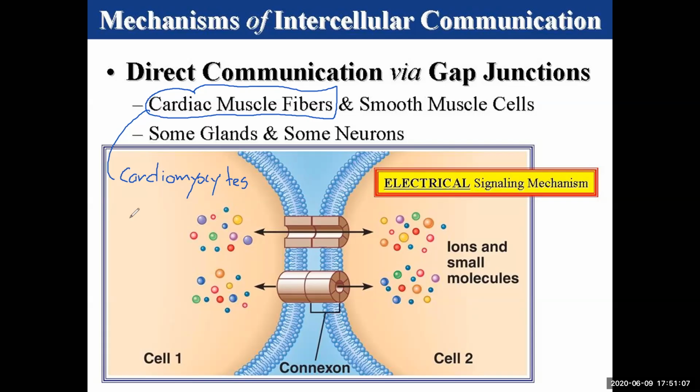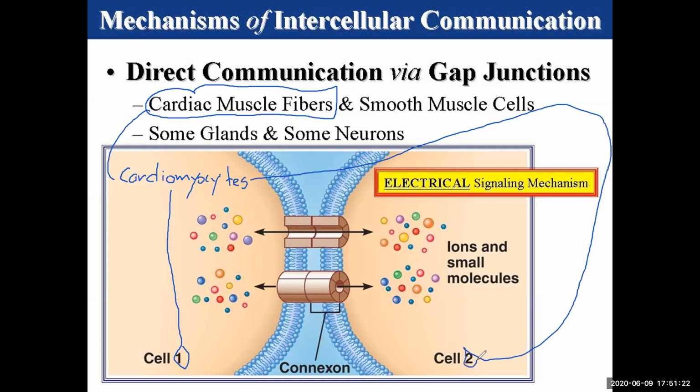So you would have cardiomyocyte number 1, and cardiomyocyte number 2 sitting next to each other in a heart, and you have these gap junctions.